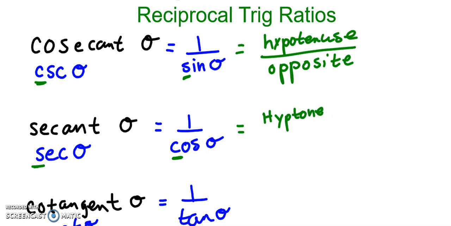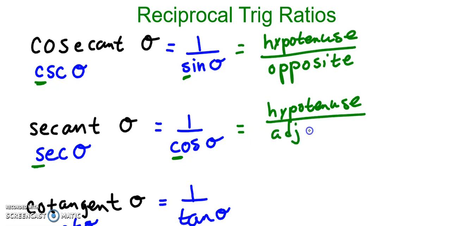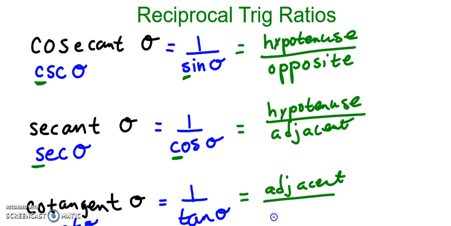It doesn't matter if that's a capital H or lowercase h, as long as it's an H. And then tangent was opposite over adjacent, now cotangent is adjacent over opposite. Nine times out of 10, you're just flipping what is there for the original. Nine times out of 10, not every time.